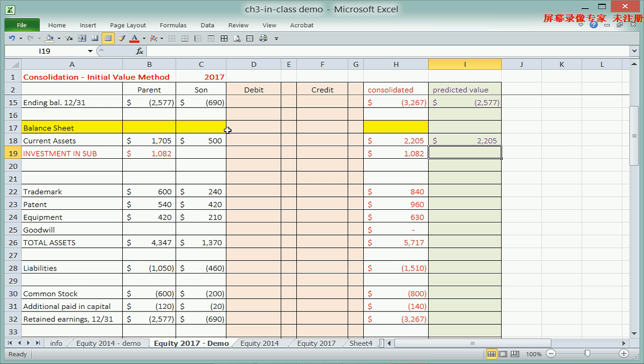Here, the information told us that the parent and the sub have intra-entity loans, which means the parent lends some money to the sub, or the other way around. The direction doesn't matter. What matters is that the two companies are lending money to each other, which is only within the whole entity.